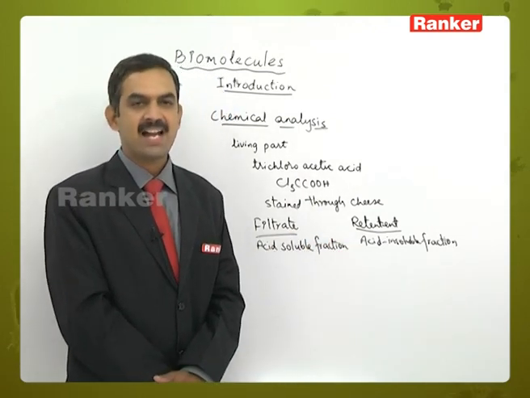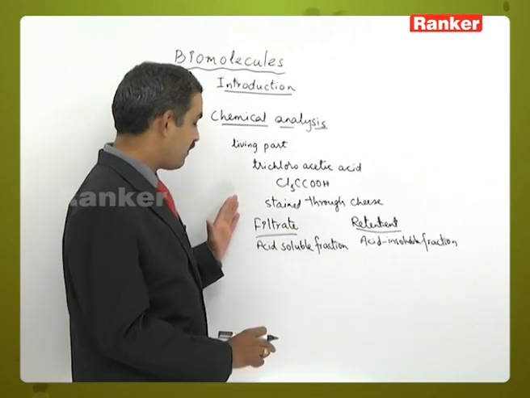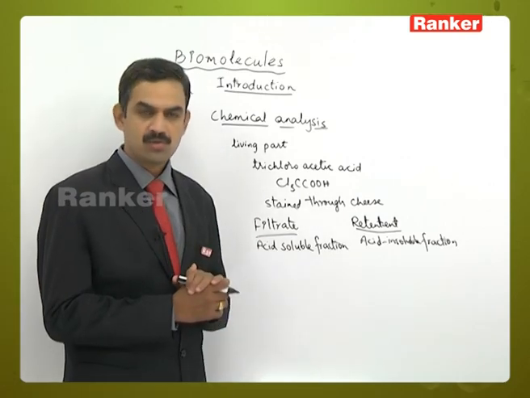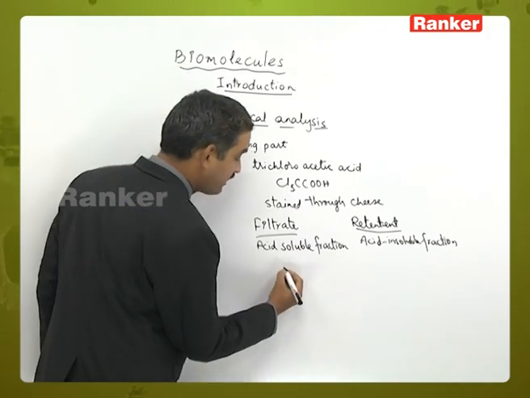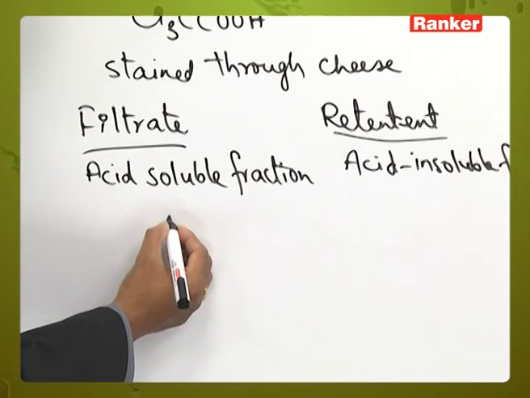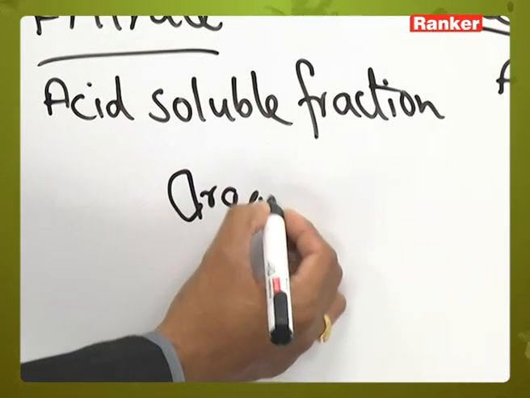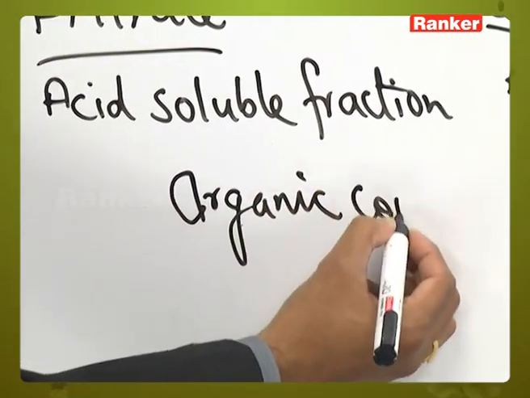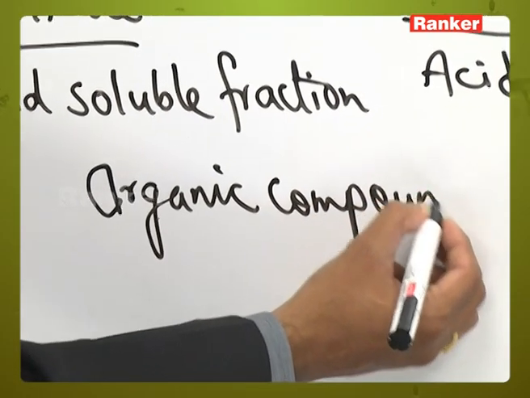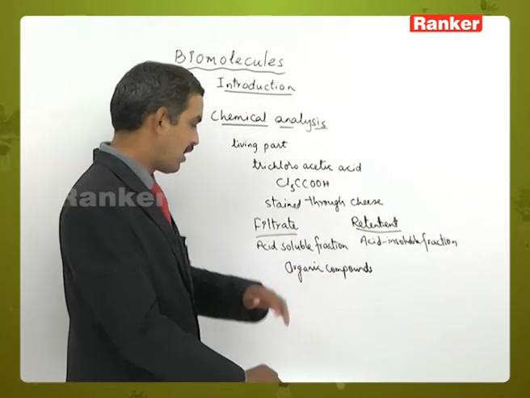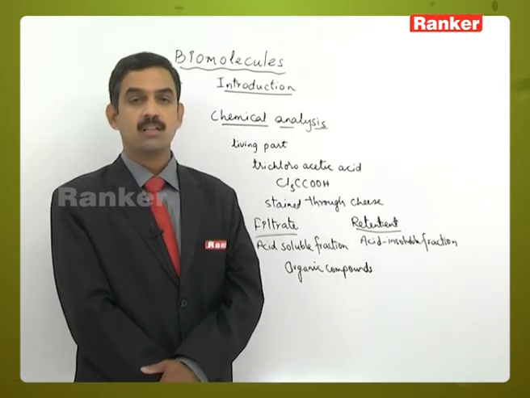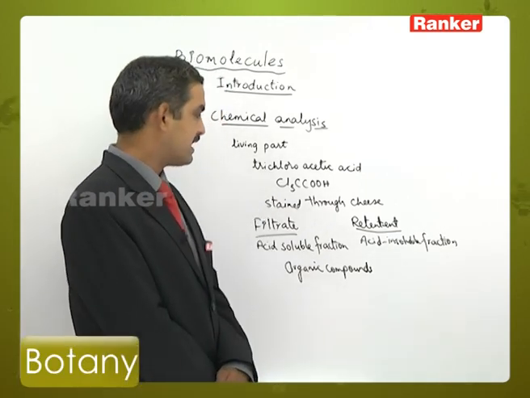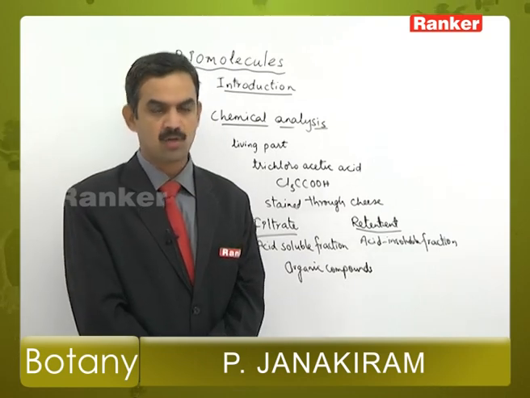The scientists analyzed the presence of various types of elements or organic compounds in the filtrate. They found that thousands of organic compounds are present in the acid soluble fraction. Of course, it is not only that organic compounds are present in the filtrate part, but many organic compounds are present in the acid insoluble fraction also.